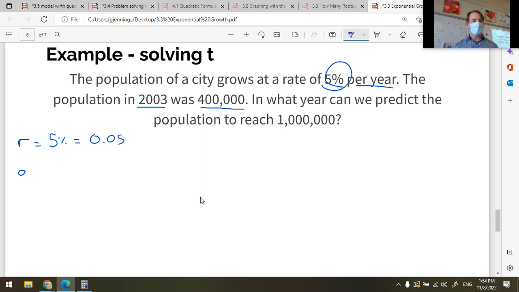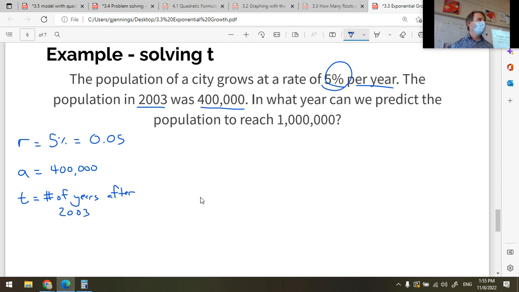400,000. So that's my a initial amount. No, that's the amount that we had in 2003, and we want to know in what year will the population reach 1 million. So I might set t as equal to number of years after 2003.